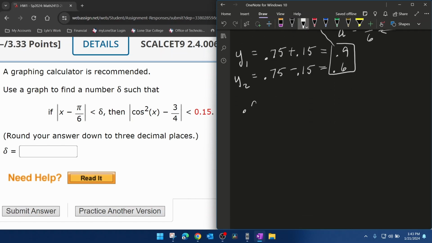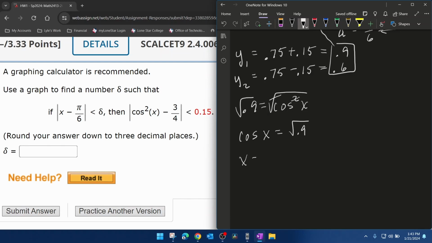So 0.9 equals cosine squared x. Taking the square root of both sides to get rid of the squared gives us cosine x is square root of 0.9.